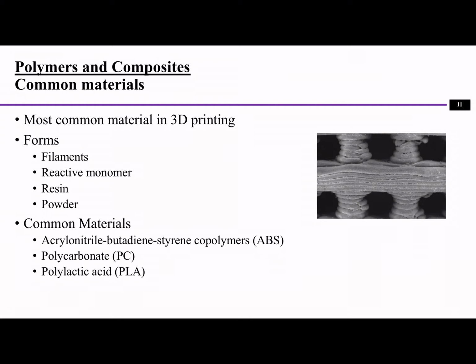We see this a lot in fused deposition modeling, and also there are some reactive monomers, resins, and powders. So for example, in SLS, right, we can use a laser to sinter those.